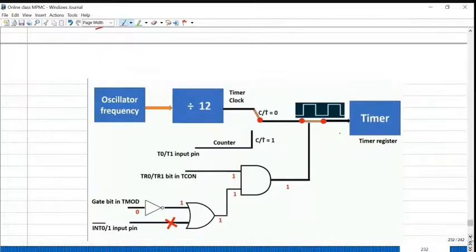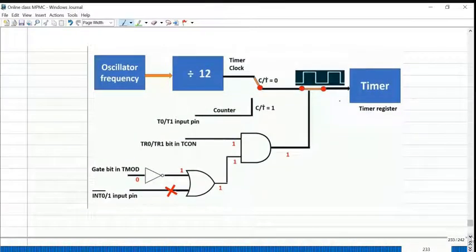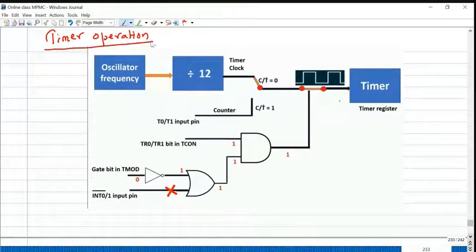Okay, let's assume this is timer mode. So what is the condition for timer operation? The C/T bar pin must be 0, so that 0 complement 1 will be activated.